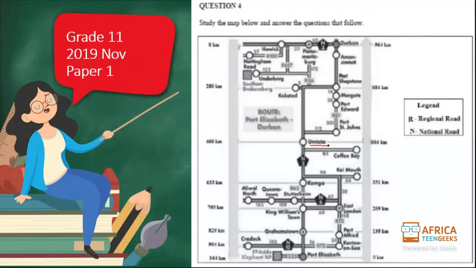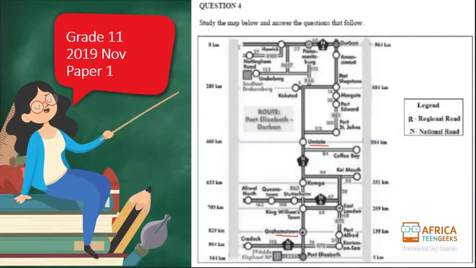Okay, there's Umtata and Grahamstown. What's the distance between these two towns? I'm giving you guys 2 minutes for this one, a bit more time.